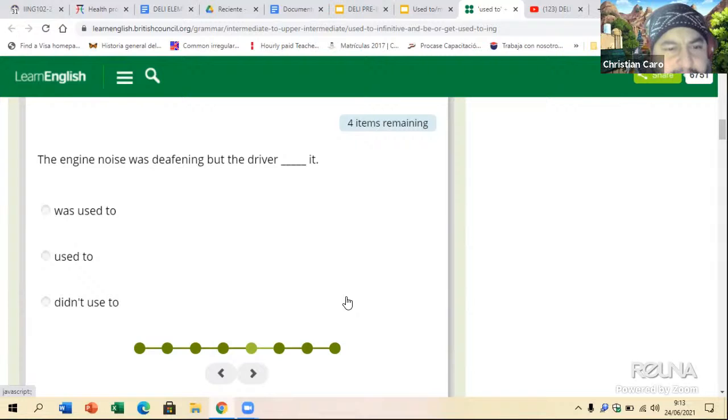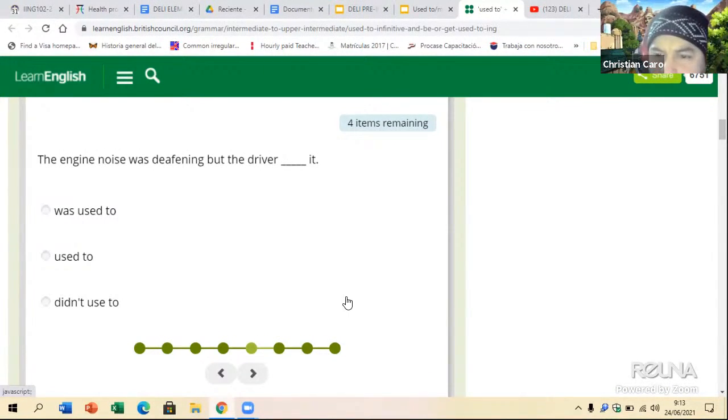This is a story in the past, and we need to think what was the driver's reaction to the noise. Catalina, number 1. Driver was used to it.